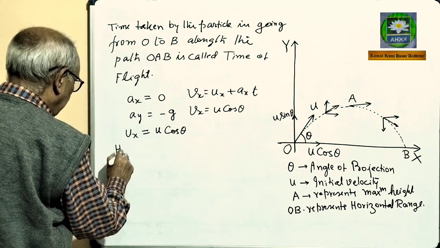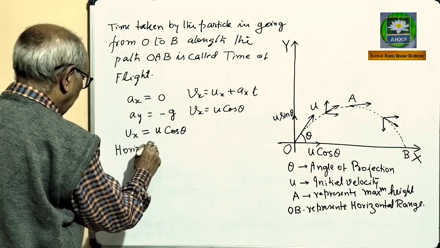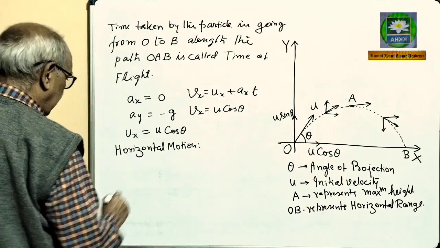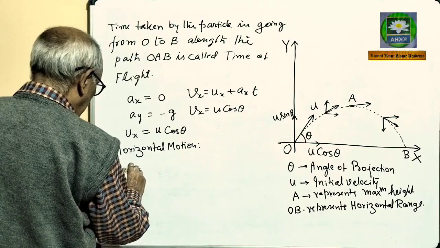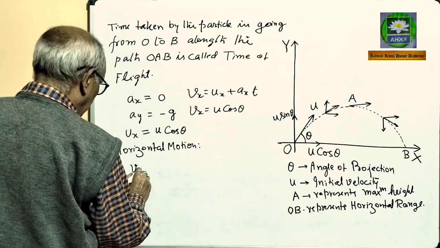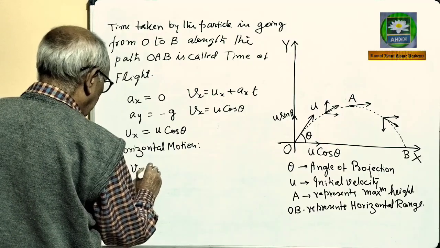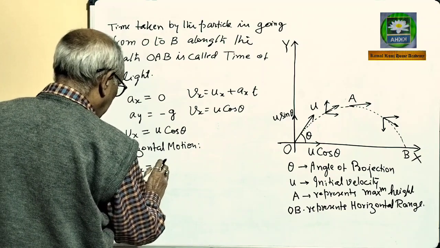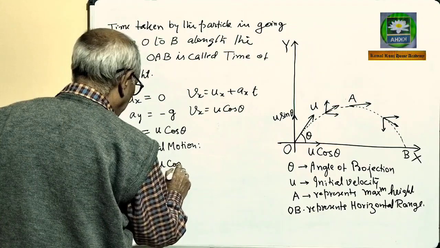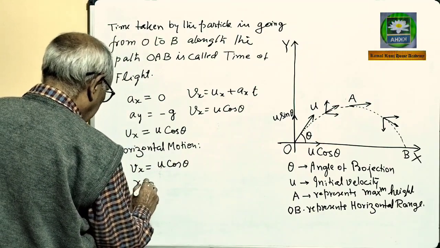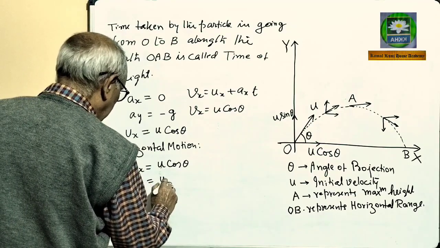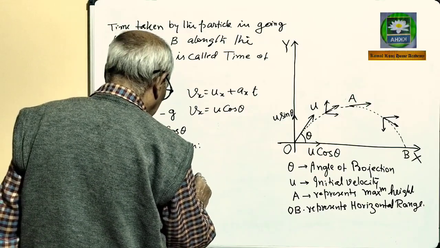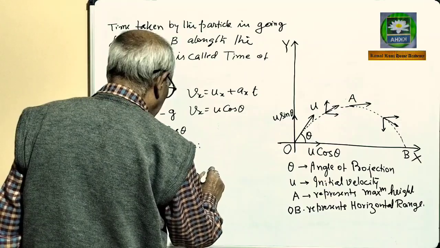Now horizontal motion. Here vx is constant, that is u cos theta, and x is equal to ux into t plus half ax t square.